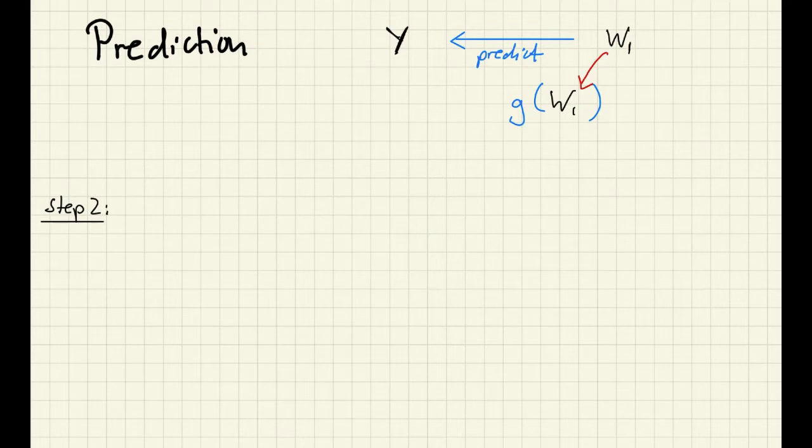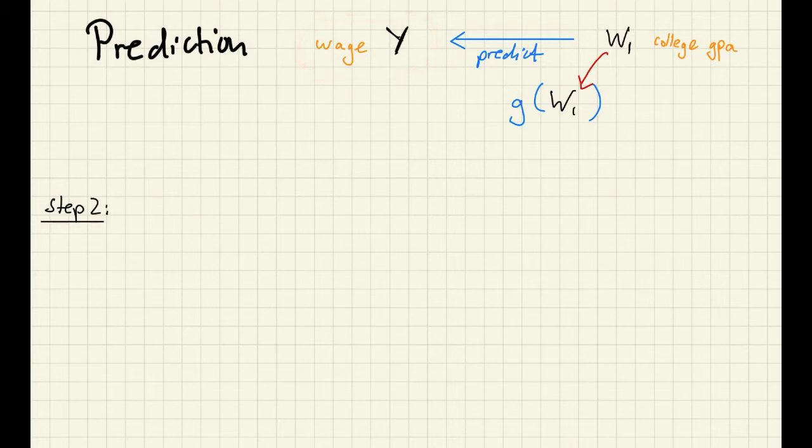We'll continue using our old example where y is your wage at age 30 and w1 is your college GPA. Presumably, you're interested in this prediction problem because the wage is not yet observed.